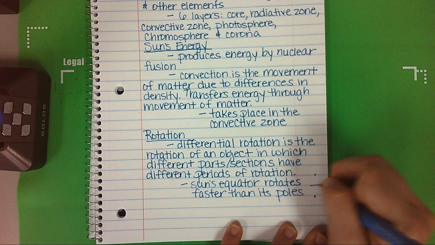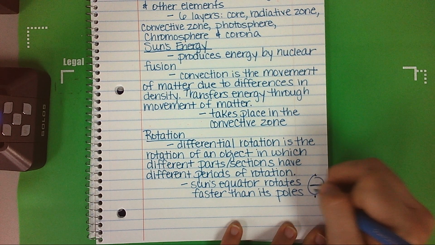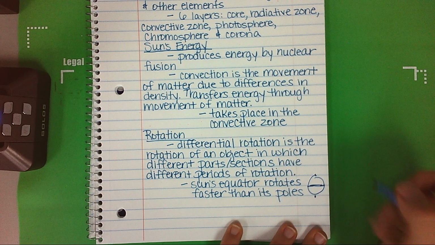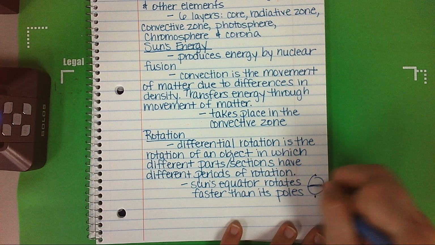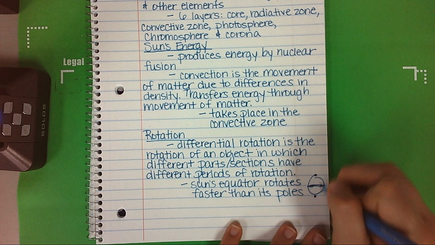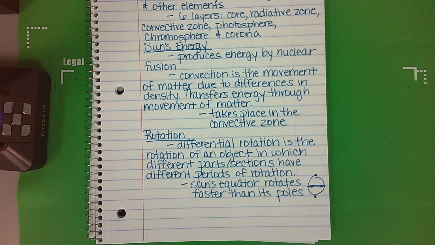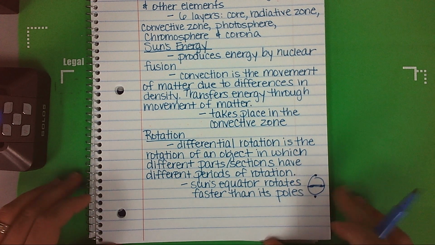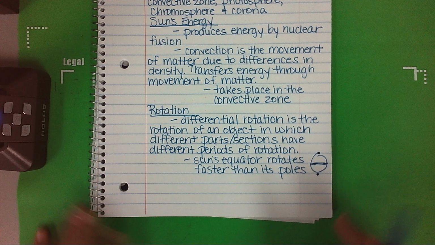North pole, south pole, equator. Equator is the middle line. So this part is rotating faster than these parts. So much, much different than most planets and different than Earth, than what we know.